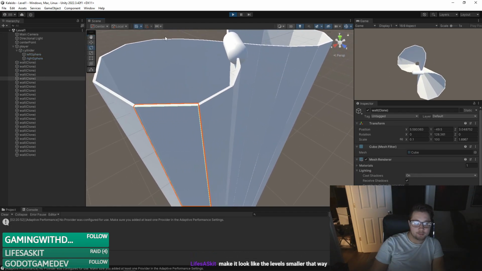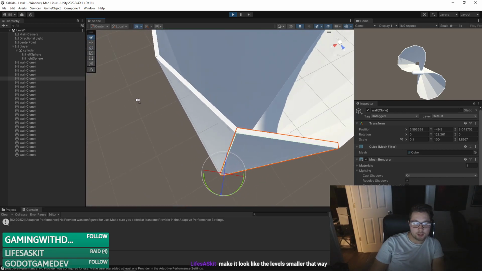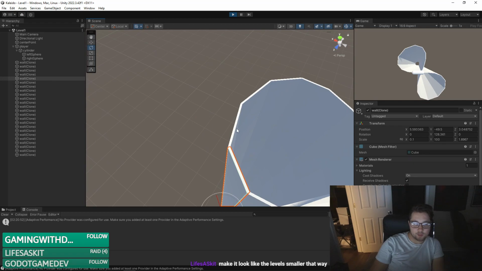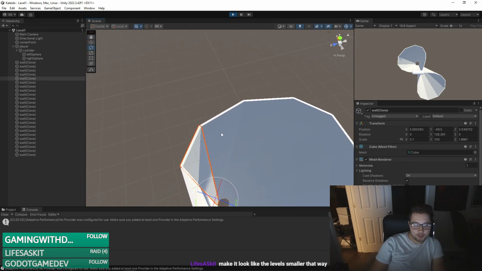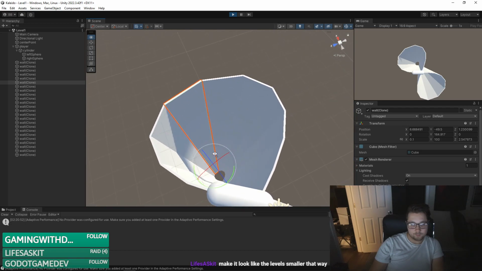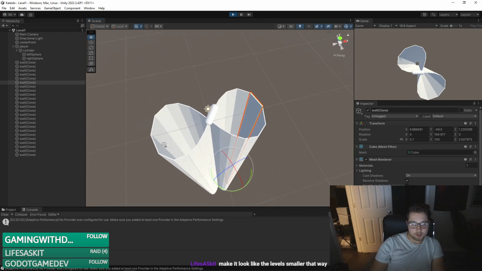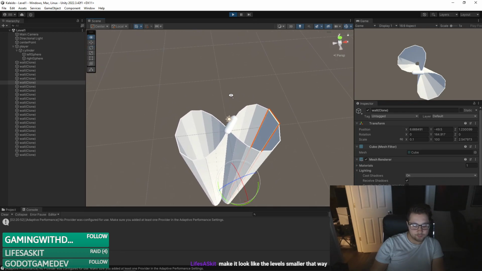The wall is not facing this direction. It's technically facing either this direction or this direction, depending on, I think this is the next wall. Yeah, so this wall is facing that way, technically. And I tried to fix that, and then it just caused more issues, so yeah, we'll see.